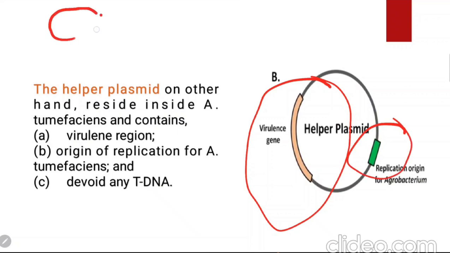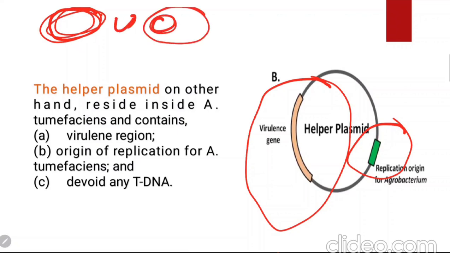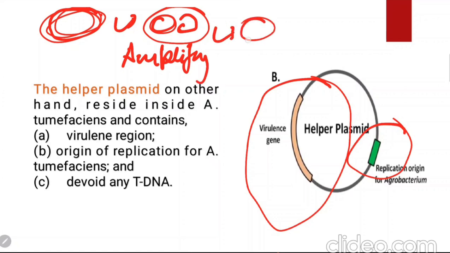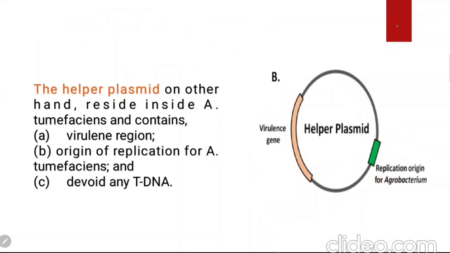So like this is your binary vector. What we will do is insert this binary vector into E. coli. Here it will replicate and get amplified. Then we will isolate this binary vector, and then there will be another vector, Agrobacterium.